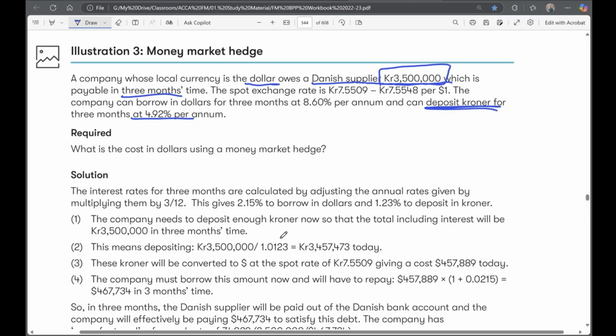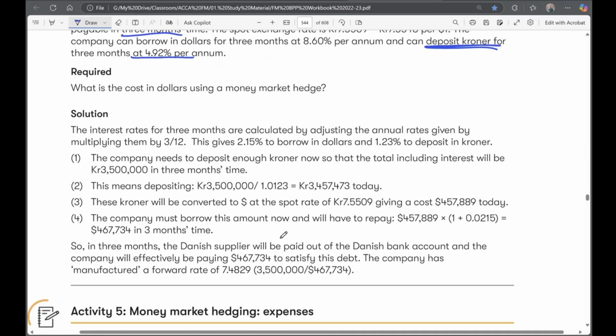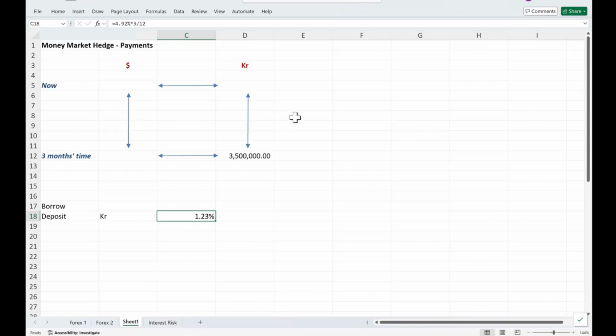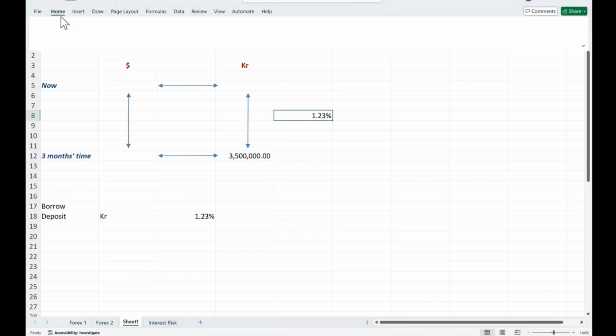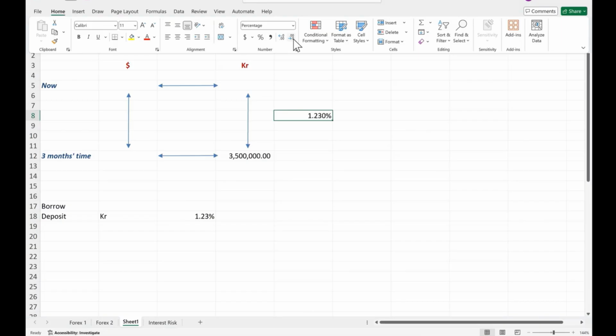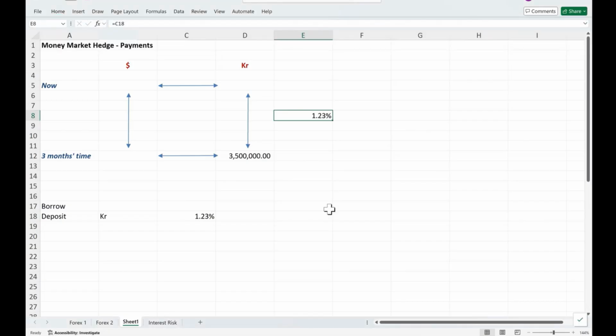Okay, let me see, is it the same as we did? We will check it later. This is the rate of interest I will get: 1.23%.